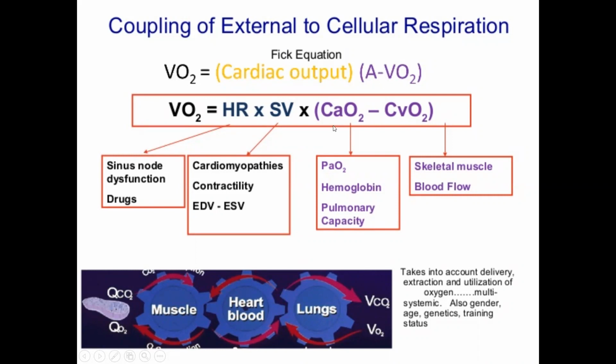So what do you need to oxygenate the arterial blood that then passes through the left ventricle? Well, your hemoglobin, because hemoglobin is what carries oxygen, has to be normal.